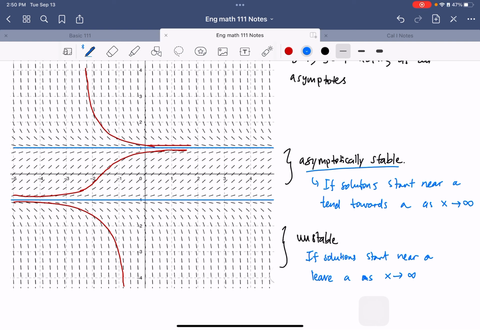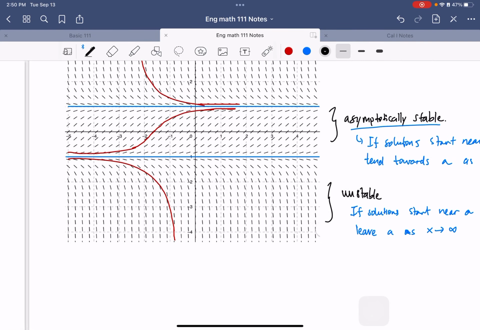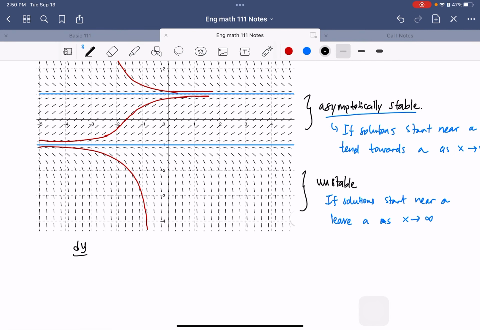Now this region also gives another method to predict, from the critical points. So from the critical points, let me write again the differential equation: 1 plus y and 1 minus y.